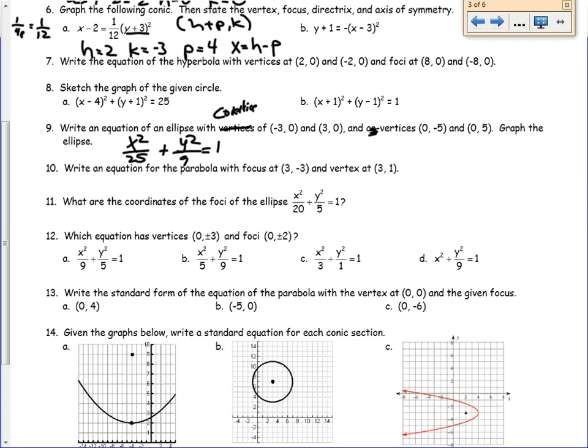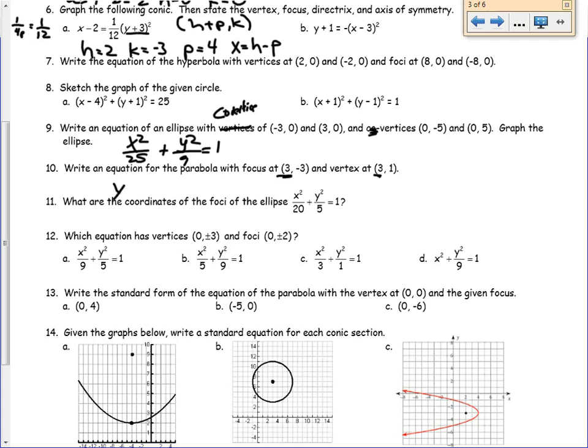Look up here. Those x's have stayed the same. So the y's are changing. Since the y values are changing, x is squared.